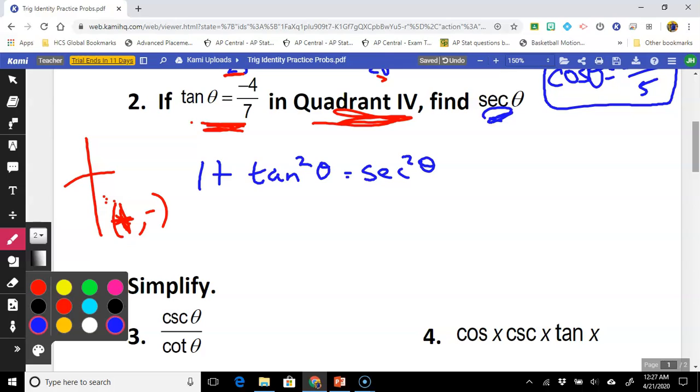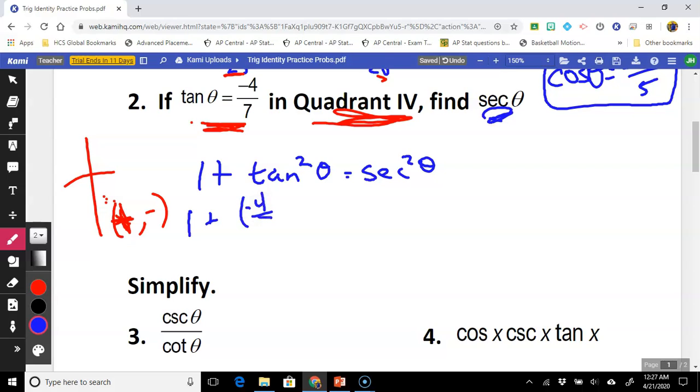So what we have is, and I think I wrote it as tangent squared plus 1 in the PowerPoint, but it's the same thing. So we take this, and that's going to be 1 plus negative 4/7 squared is equal to secant squared. And we go with that.